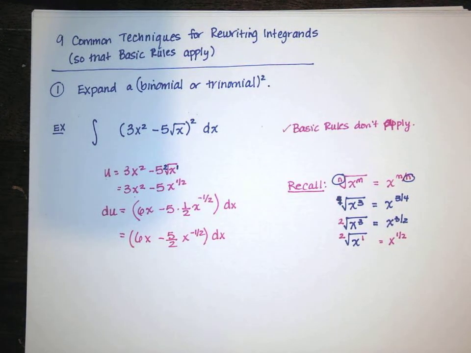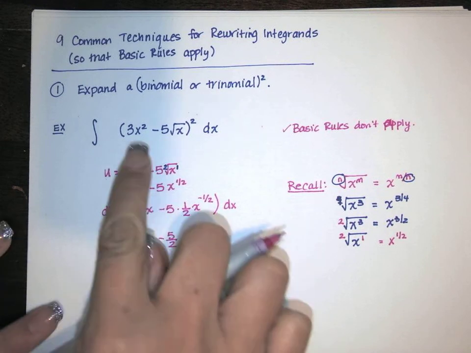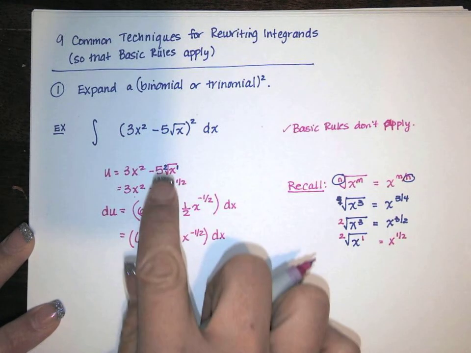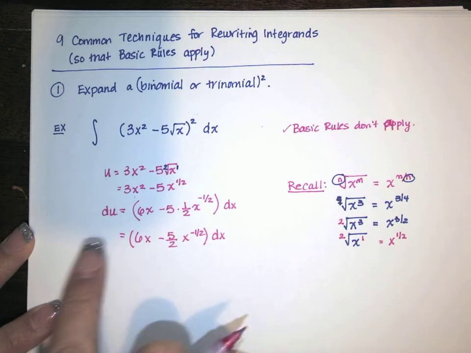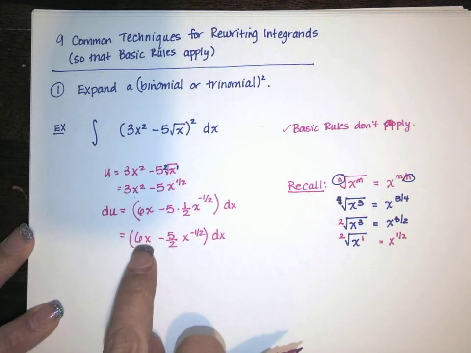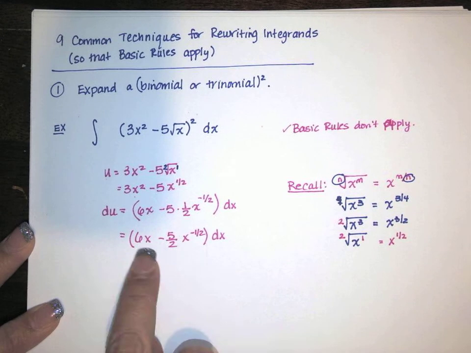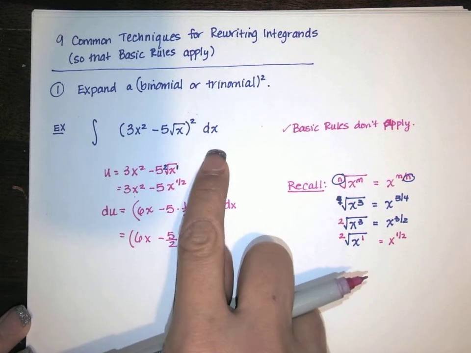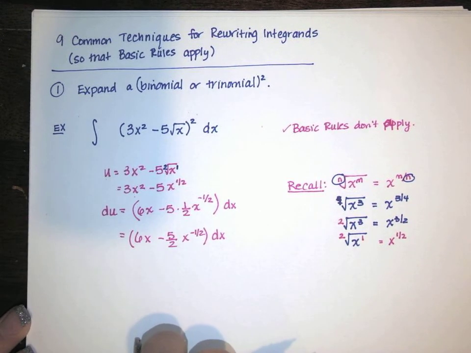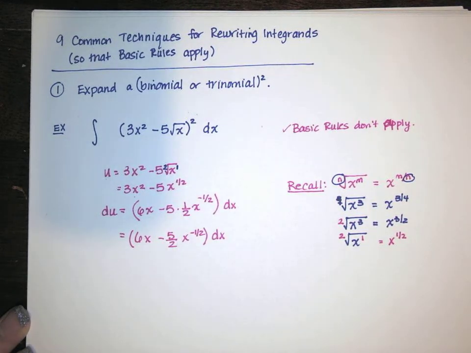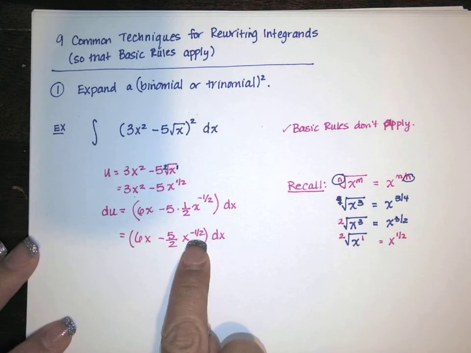Now remember, we can only do a u-sub if every single part up here can be written in terms of u using this. So I need this 6x minus 5 over 2 x to the negative 1/2, maybe times a constant, to be up here somewhere in order to do a u-sub, in order to take care of that dx over here. And we don't have exactly that.